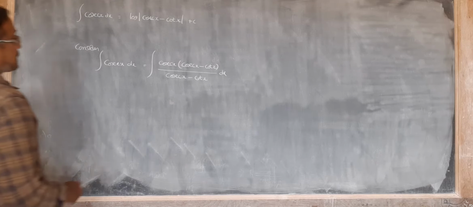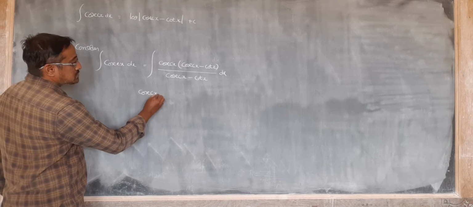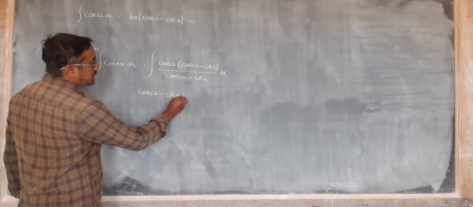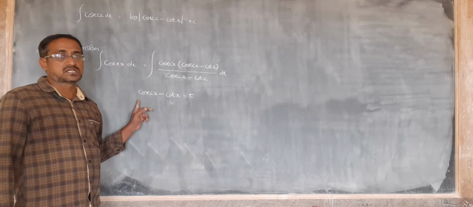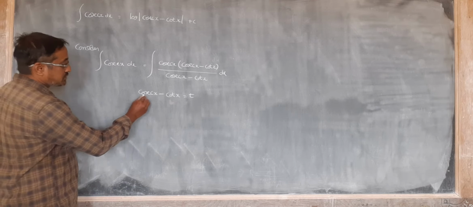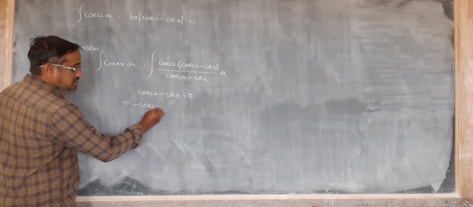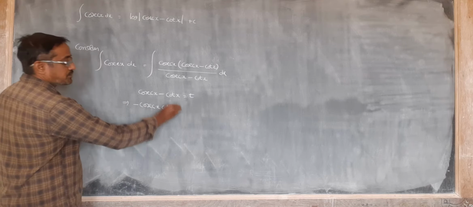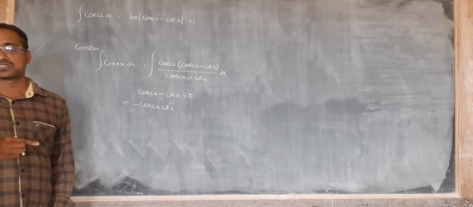Now if you consider cosecant x minus cot x as t, using substitution method. Now what is the derivative of cosecant x minus cot x? Derivative of cosecant x is minus cosecant x into cot x, and derivative of cot x is minus cosecant square x.